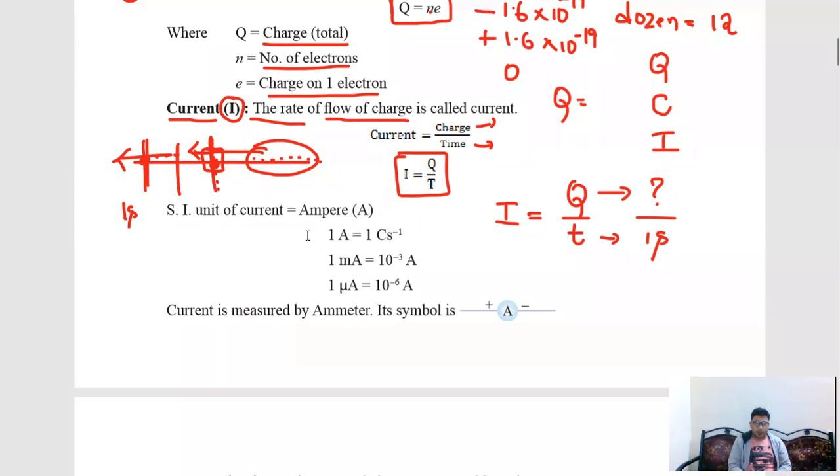Guys, already I told you, whenever you have a physical quantity and if that physical quantity is measurable, for every physical quantity there will be a certain unit. By seeing this unit only, you can identify the physical quantity. For example, if I say 60, just one number, 60, from that, what can you get?